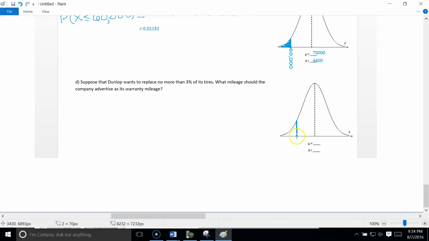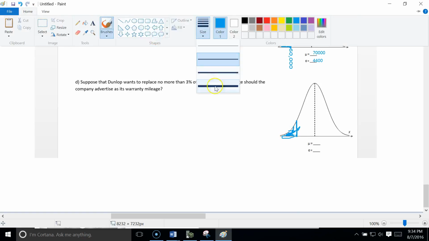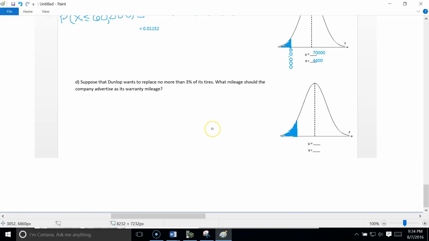Let's just draw it on here. Let's just assume that that's about 3%. Let's label this. This is a normal distribution. We still know that the mean of this is 70,000. And the standard deviation of this is 4,400.